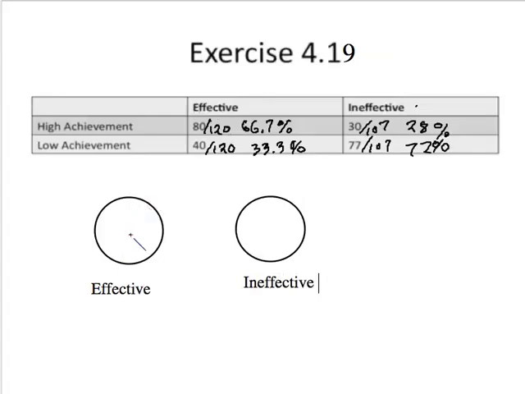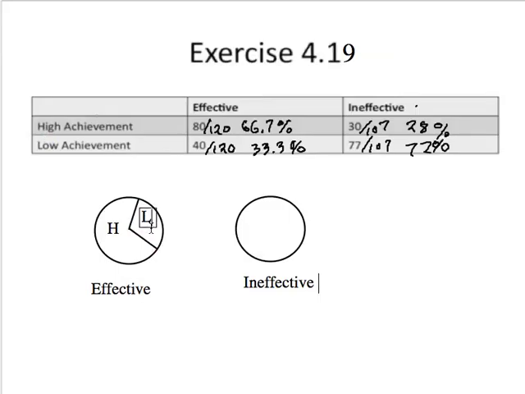In the first case we see that under high achievement with the effective, about 2/3 of them are in that category, and then a third of them are in with the low achievement. So in this chart I could say this area right here is represented by the high achieving students, and this area here is represented by the low achieving students.